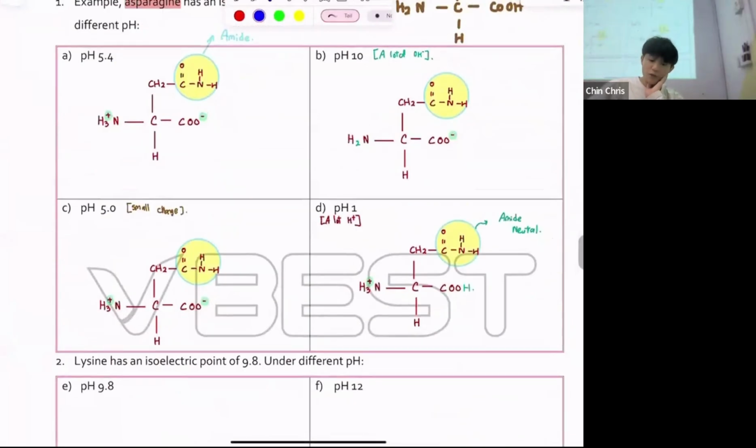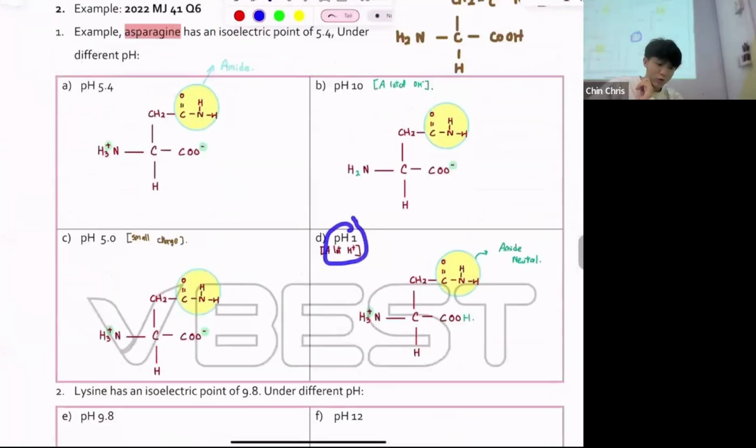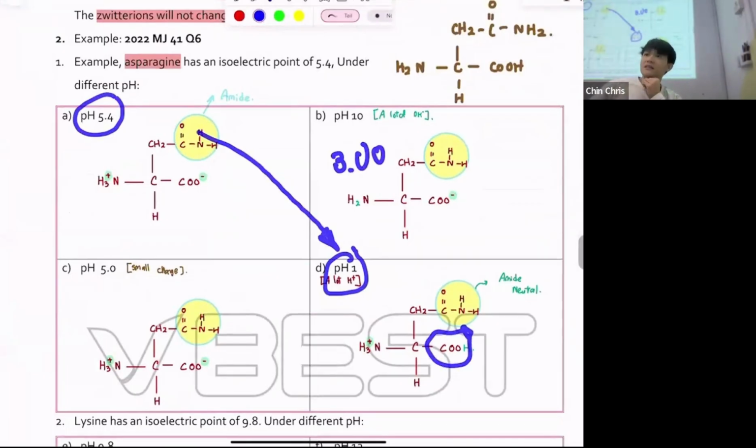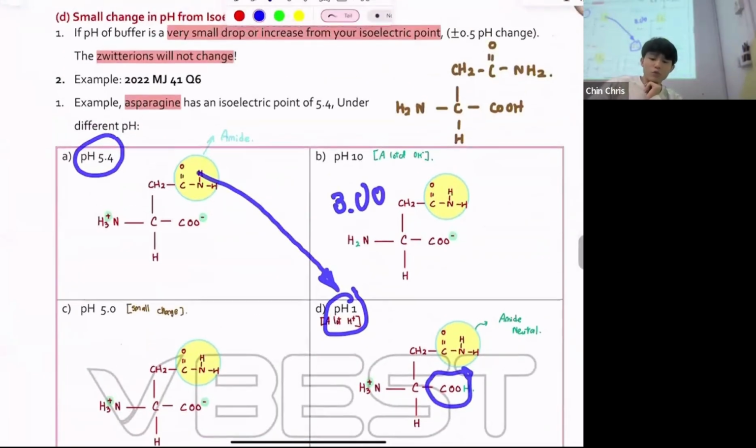Because pH 1 is a very low, strong acid pH, and your isoelectric point is 5.4. So let's say if you drop to 1, that's a lot. Let's say if it's dropped to 3, it will still turn into this. It's just that when it drops plus minus 0.5, this will not change. So if it's more than 1, then this will definitely turn into a COOH already.